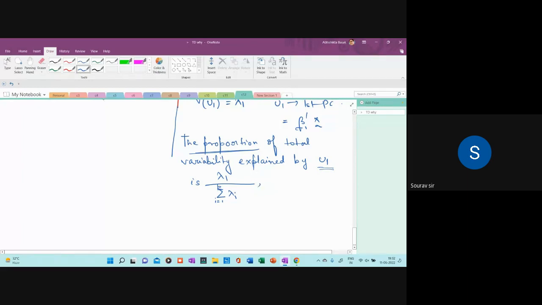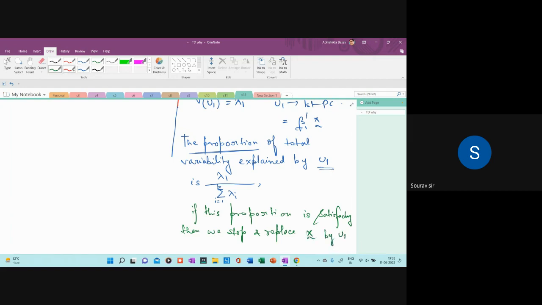So what is the procedure if this proportion is satisfactory? Then we stop and replace X curl by u1. Please note this particular line.